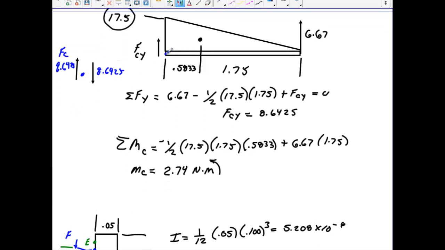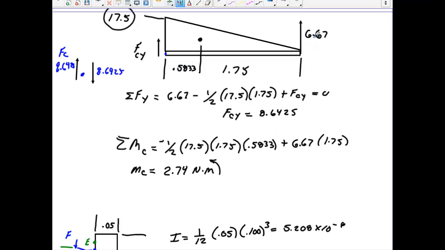Now at this point, come back here and sum a moment around here because you need to find out how much moment is taking place. I took anything that went this way to be negative. So I said negative 1/2 times 17.5 times 1.75 times 1/3 of 1.75, which would give me 0.5833.